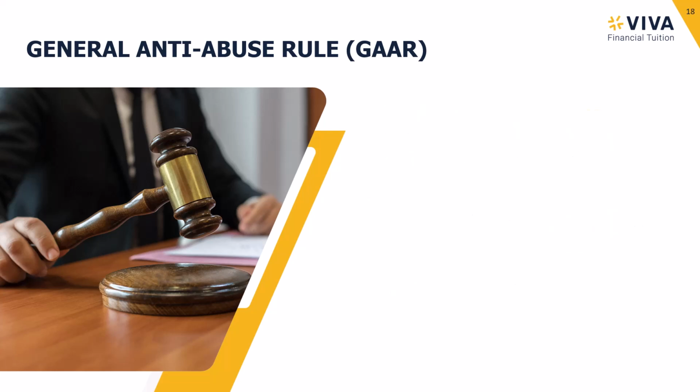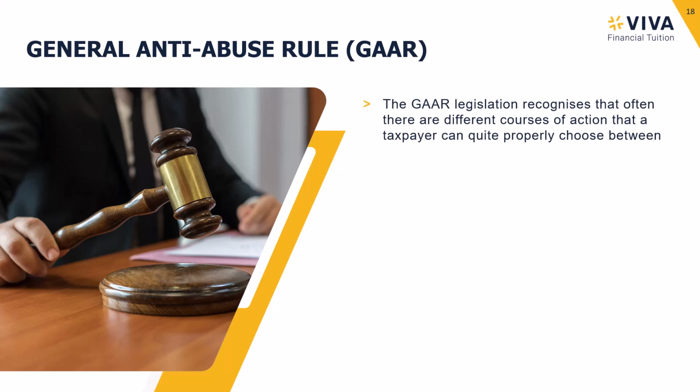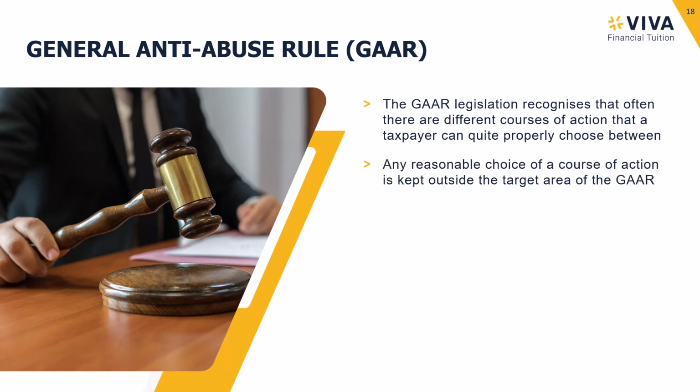Now, the legislation itself does recognise that oftentimes there are legitimate different courses of action that a taxpayer could choose. And where these courses of action are legitimate and reasonable, then they would fall outside of this legislation.